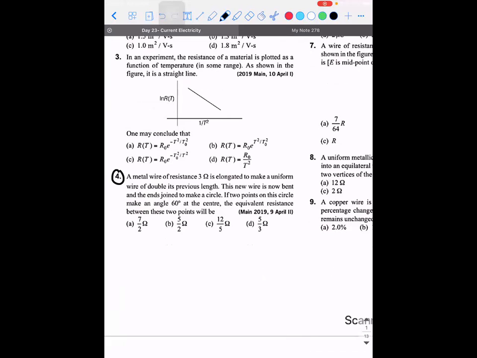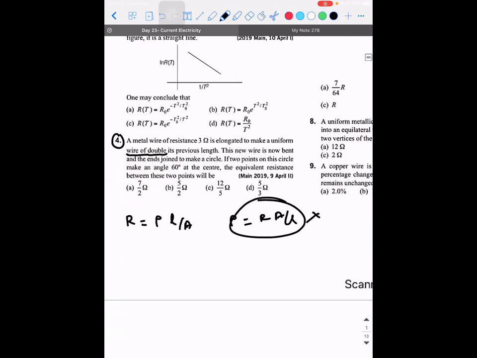Sir, resistance, not resistivity. So always remember, wherever you see a problem where the wire's length is doubled, the formula is R is equal to rho L by A. Many people make this mistake. They write rho is equal to R into A by L and then do it. Resistivity is independent of the area or length. It is dependent only on the nature of the material.